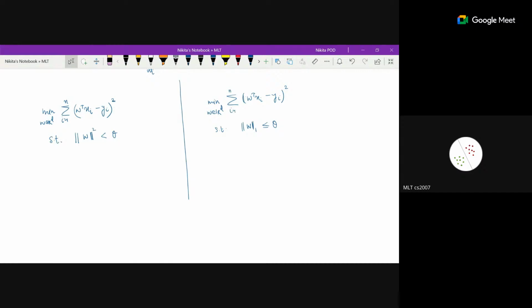So when we see it geometrically, in the ridge regression setting, let's say this is my W hat ML. There are ellipses, which are the contours that you get around this W hat ML.